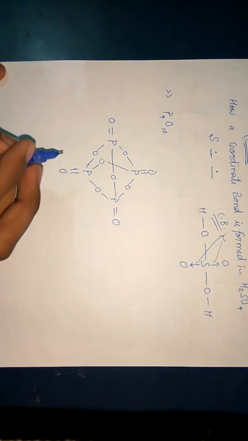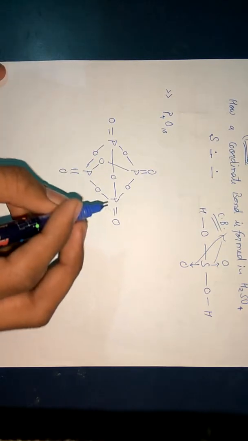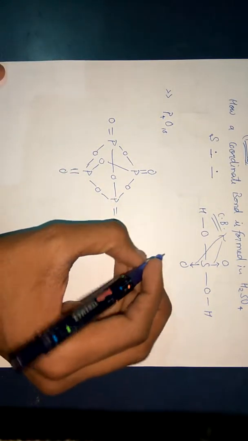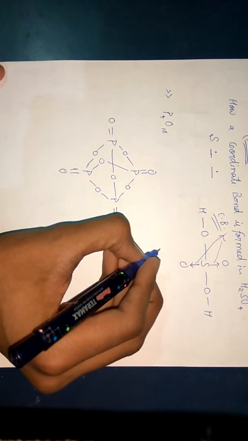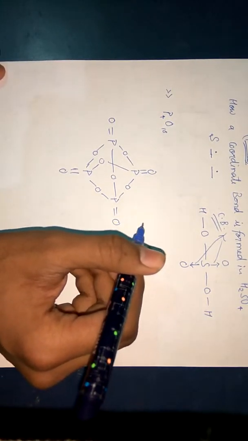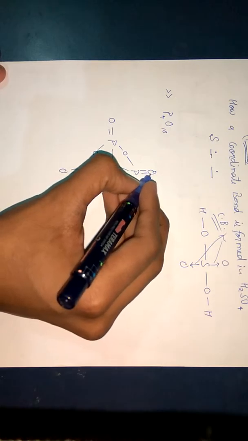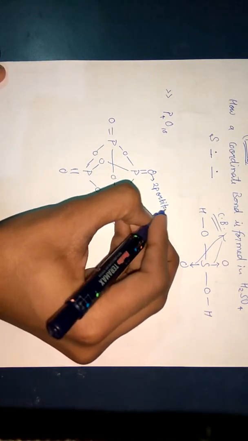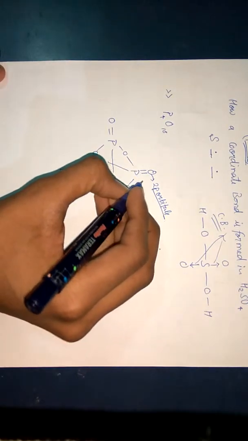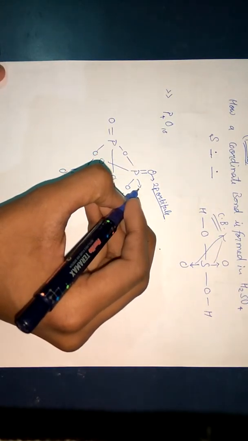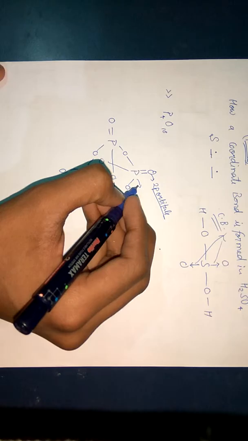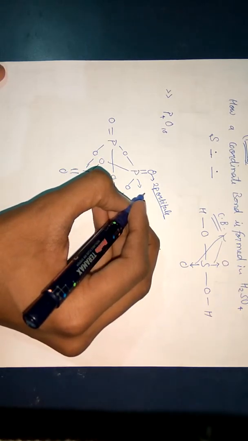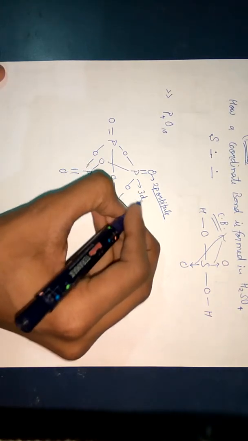Now take a look at which type of bonding is taking place, whether p pi or p pi d pi bonding. As I've already told you, oxygen has two p orbitals, and phosphorus has vacant 3d orbitals.